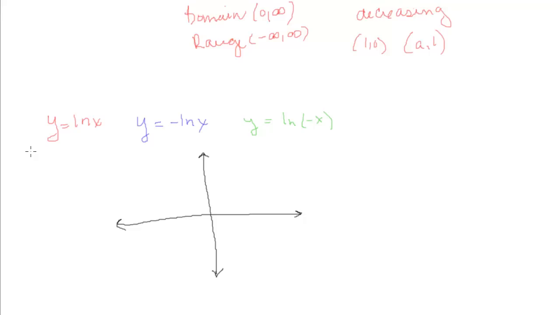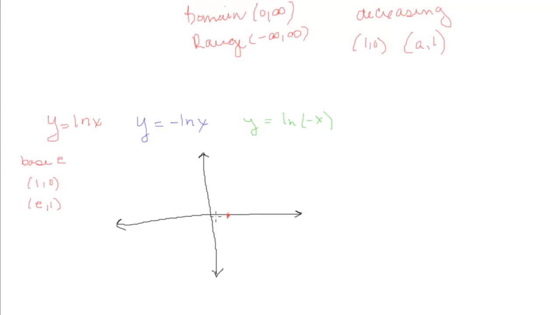So remember, natural log of x is base e. So this means that two points on my graph will be (1, 0) and (e, 1). So (1, 0) will be about here. And remember, e is about 2.7.